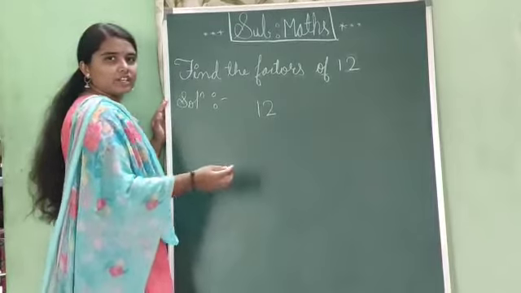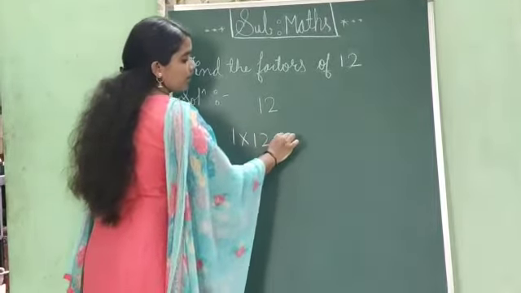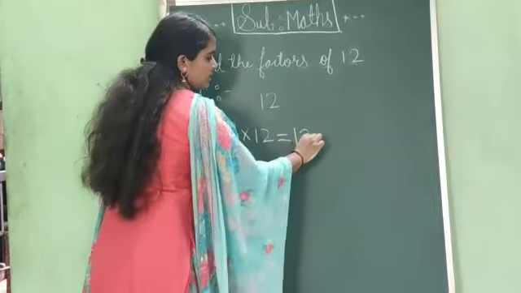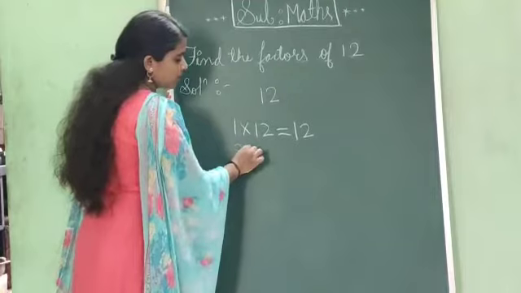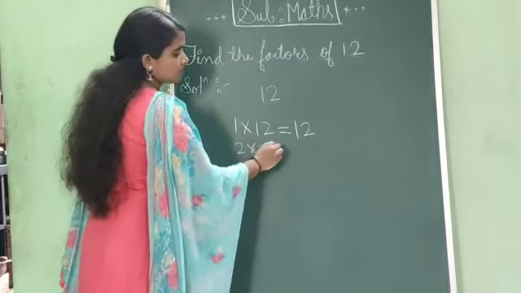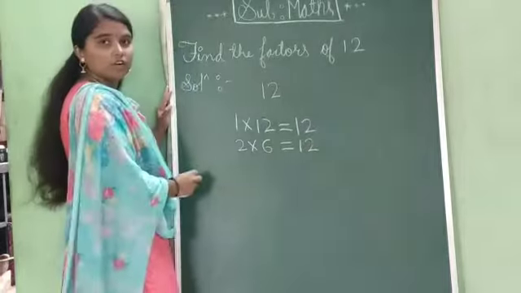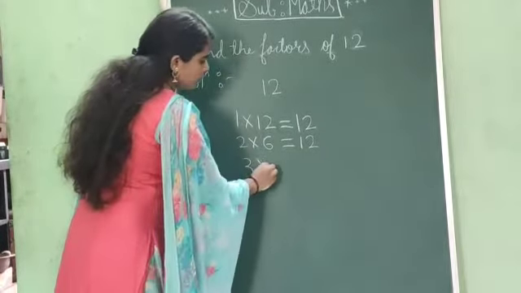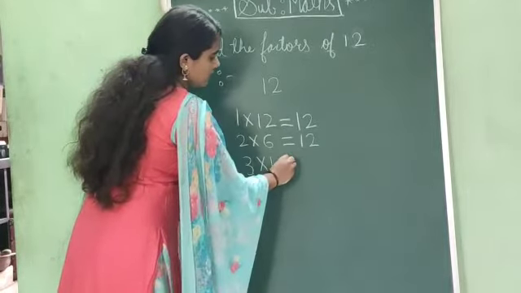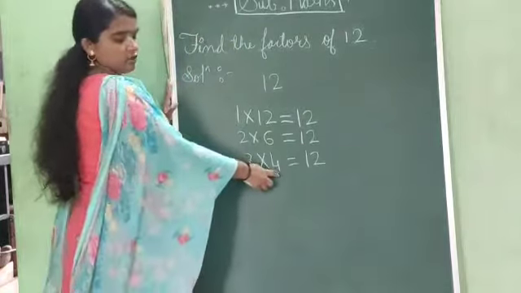So 1 into 12, how much? It is 12 only. Then in 2 table it will come: 2 6s are 12. Then in 3 table it will come: 3 4s are 12. Then in 4 table it is already written.